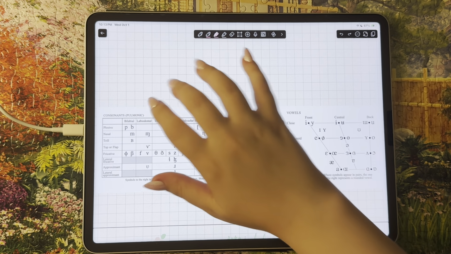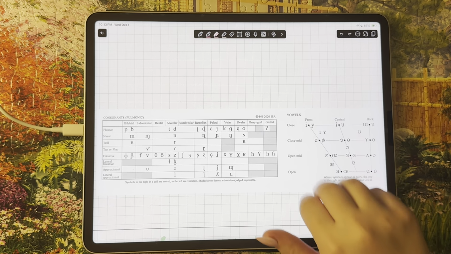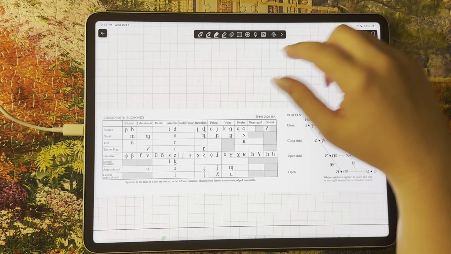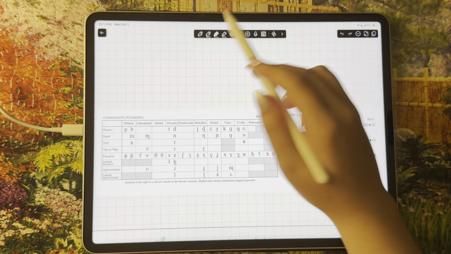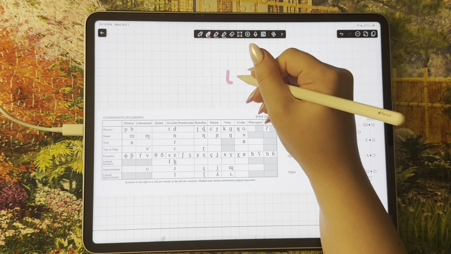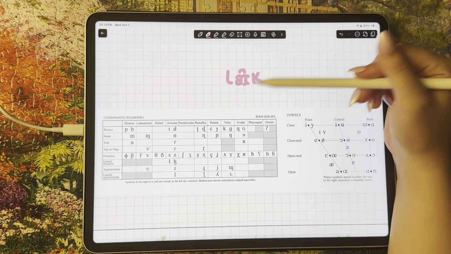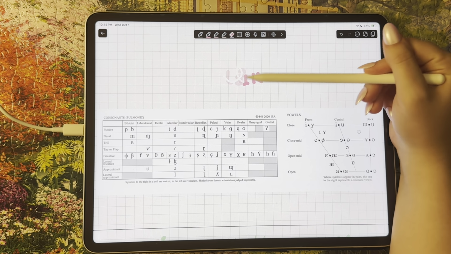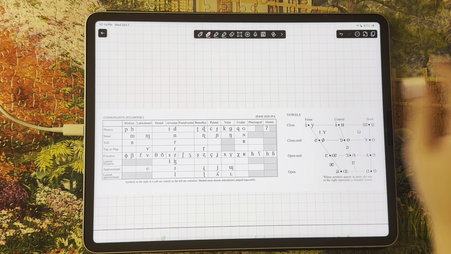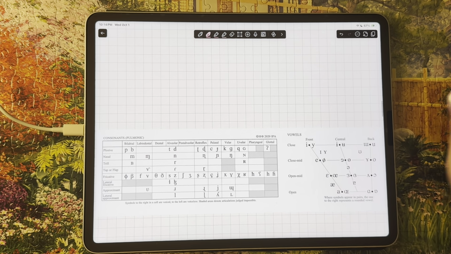If you would like to see a video of me spelling out some words in IPA, like practice, or writing like I did earlier, doing things like this, so really putting it into use, then let me know in the comments, or you can like the video, and I will see you next time.